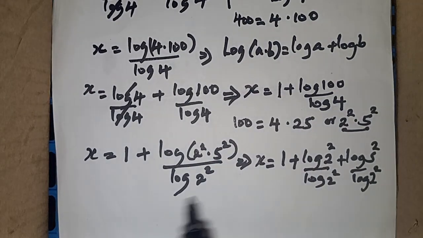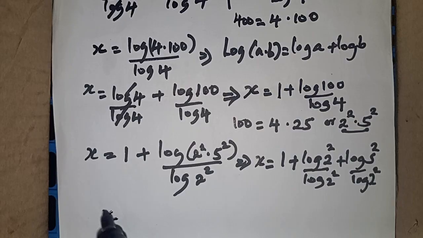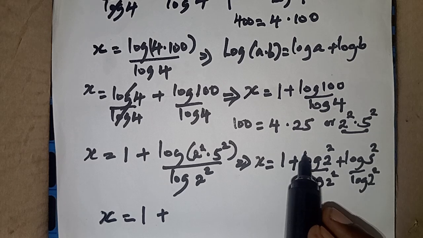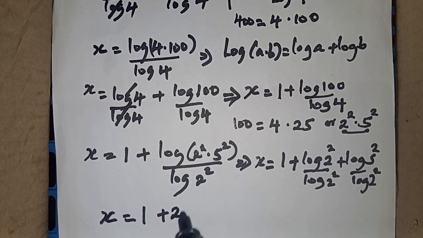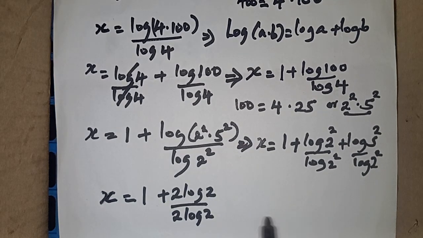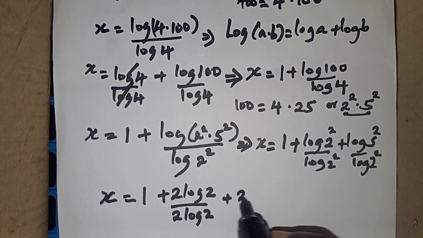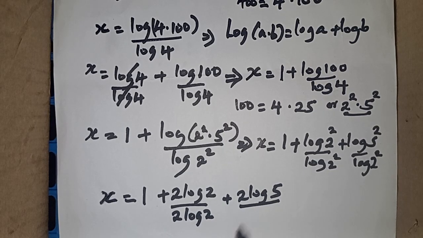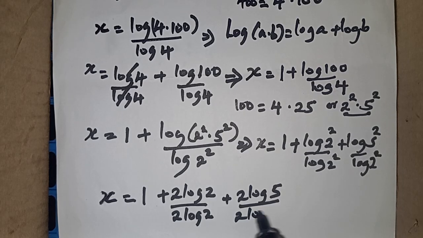It's going to become x equals 1 plus 2 times the log 2, divided by 2 times the log 2, plus 2 times the log 5 divided by 2 times the log 2.